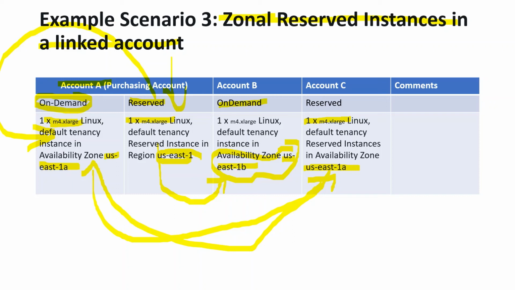But on account B, which is running on demand in US East 1B, we have the account C reserved instance which is in 1A. So whatever reserved instance is available here cannot be applied here, as a reserved instance at the zone level is eligible only for the same zone. That's why I use the word smart. AWS does this internally.